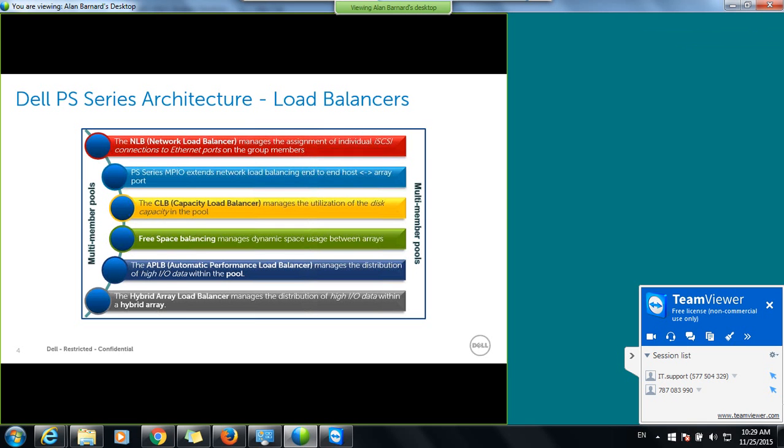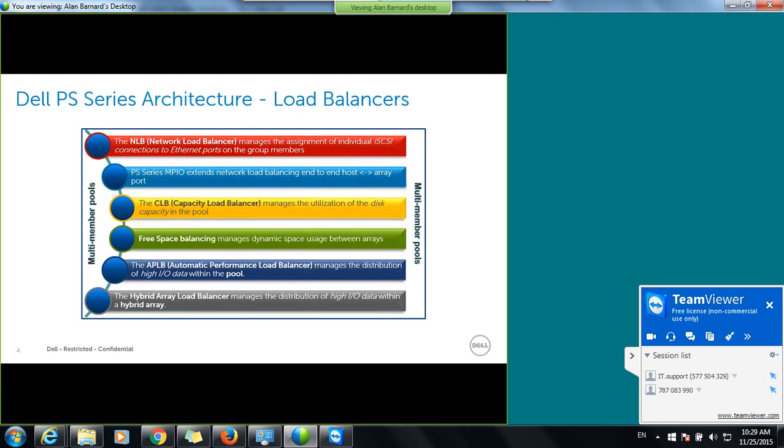First is network load balance. Basically it distributes iSCSI connections across multiple network interfaces, so it load balances equally. This is all automatic in the background.